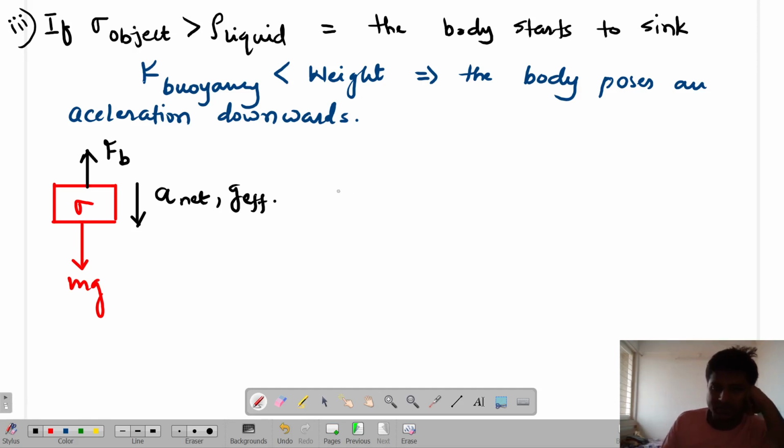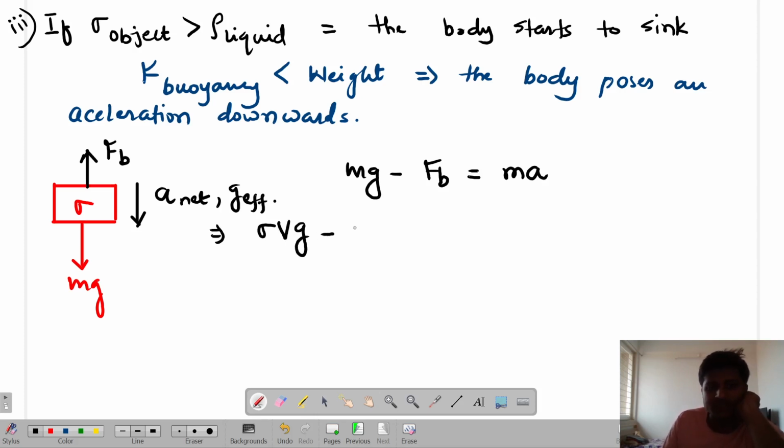Yes. So if it is downwards, then the equation is mg minus force of buoyancy equals mass into acceleration a, isn't it? Mg is sigma times volume of object v into gravity g, minus force of buoyancy, which is rho, the density of liquid, times volume immersed, which is the full volume, into g, equal to sigma v into acceleration a. The v's cancel.